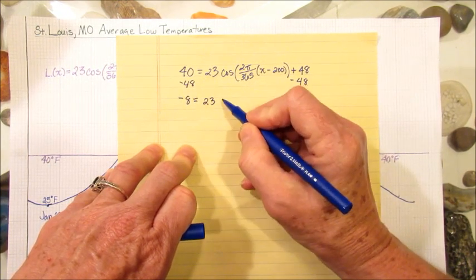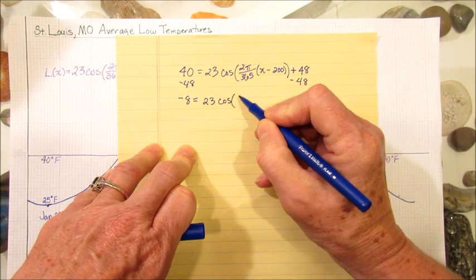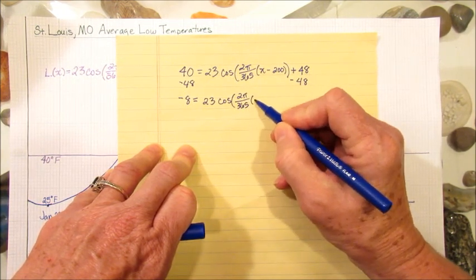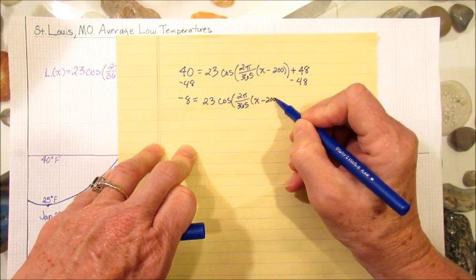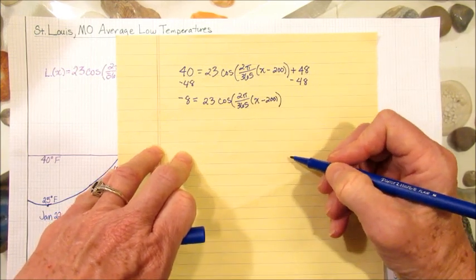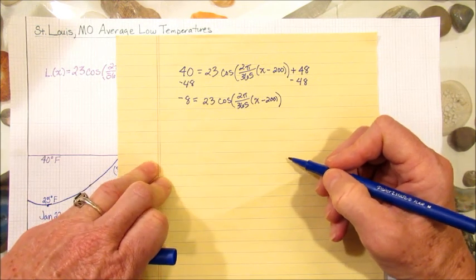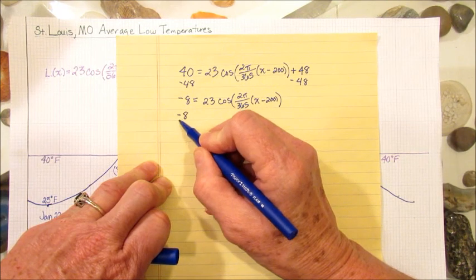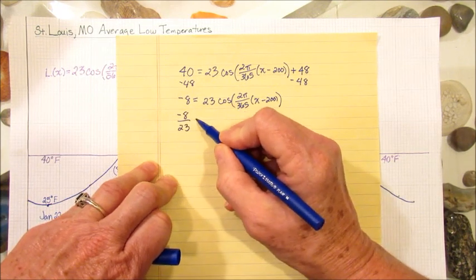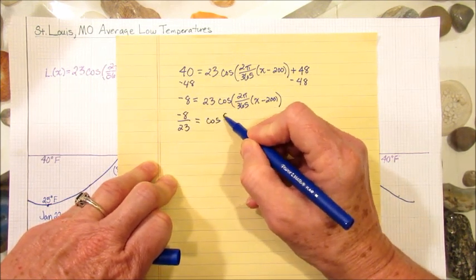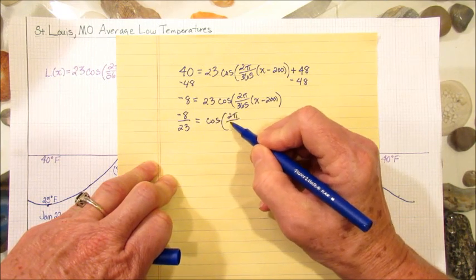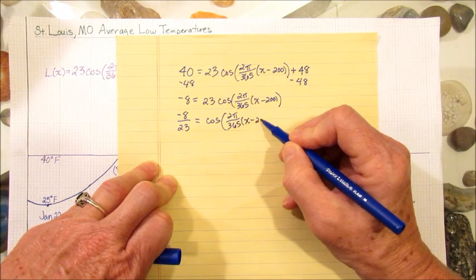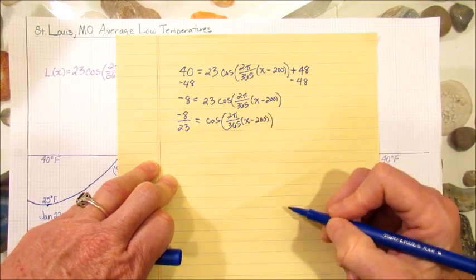And then that's equal to 23 times cosine of 2 pi over 365 times the quantity x minus 200. And then we're going to undo the multiplying. The opposite operation of multiplying is dividing, so I'm going to divide both sides by 23. And I get negative 8 over 23 equals cosine of 2 pi over 365, still times the quantity x minus 200.